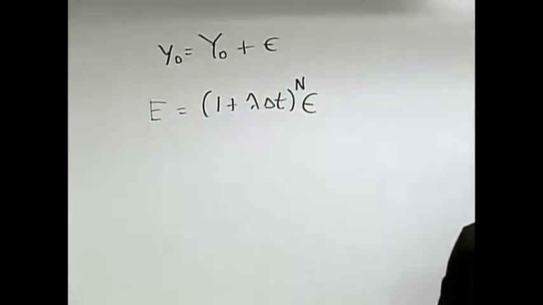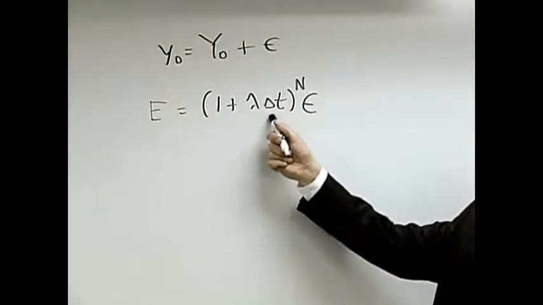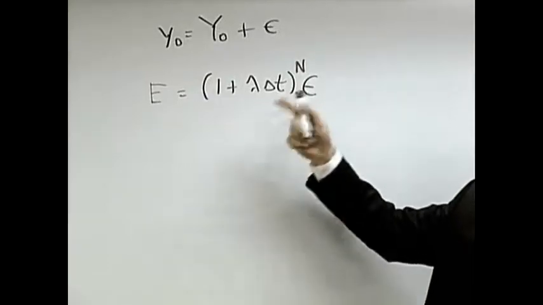Now, here's a bad thing to happen. Error goes to infinity. I think anybody would say, yeah, if an error goes to infinity, that is probably bad, right? Part of what you would like to do is not have errors going to infinity. But here, you see that if n goes to infinity, this is really important. You're just raising a thing.